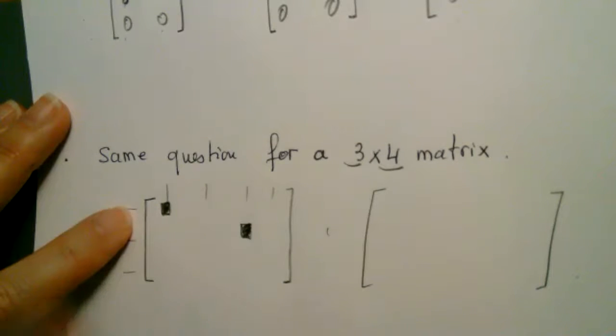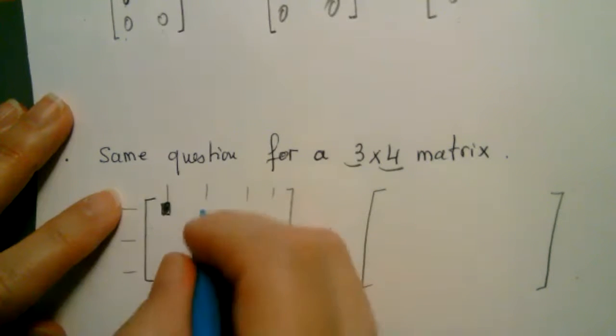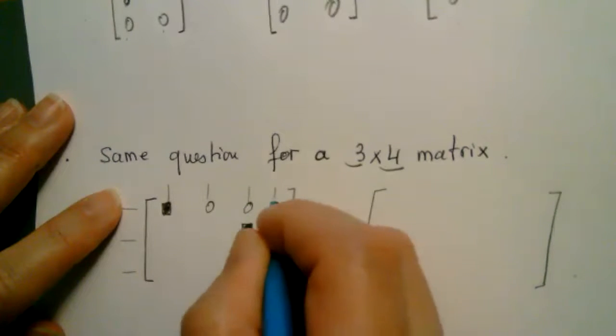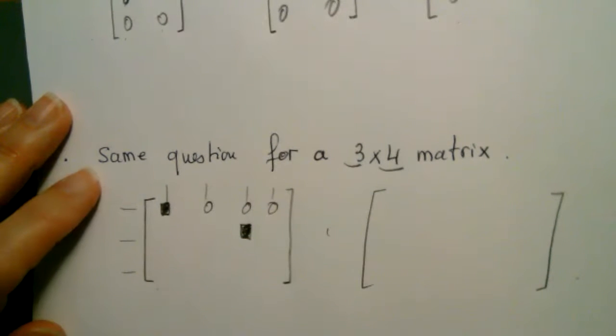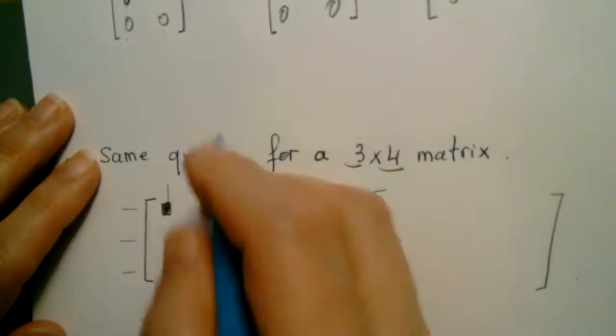What should go in row 1 under my situation? The rest would be zeros. Do they have to be 0 though? No. Could they be stars? The second column could be a star.